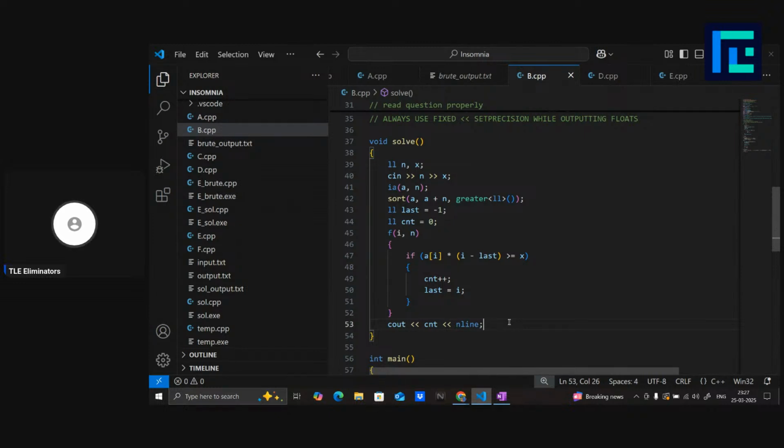What is the answer for 6 5 3 3 3 2 1? What is the value of x? X equals 4.